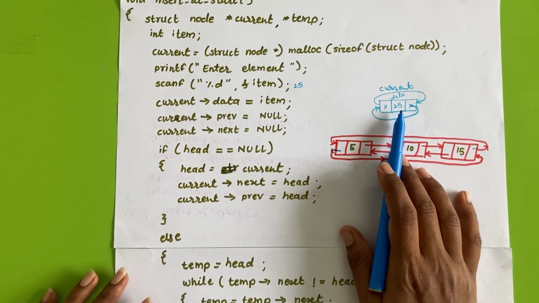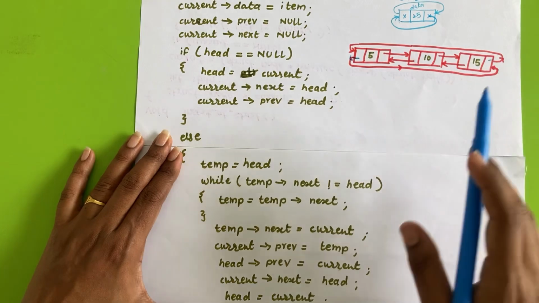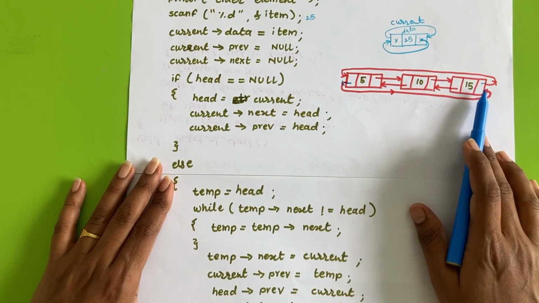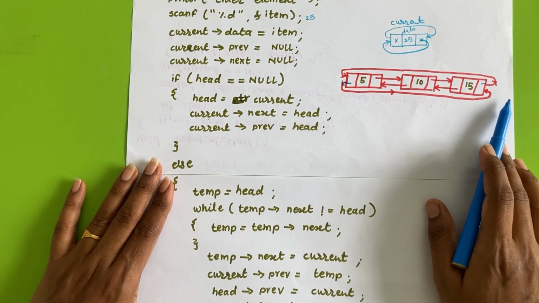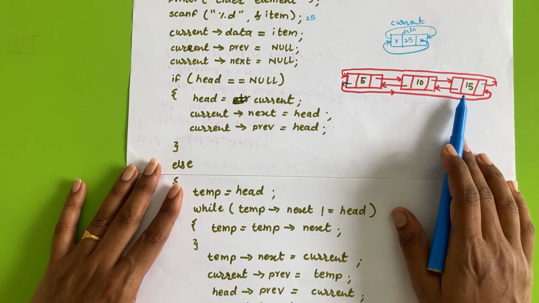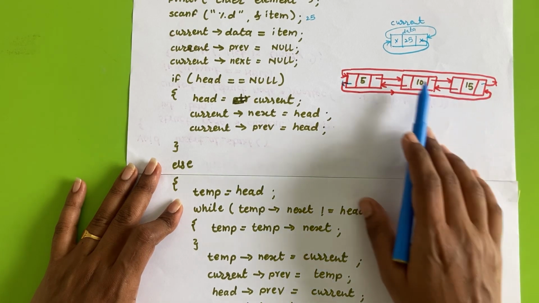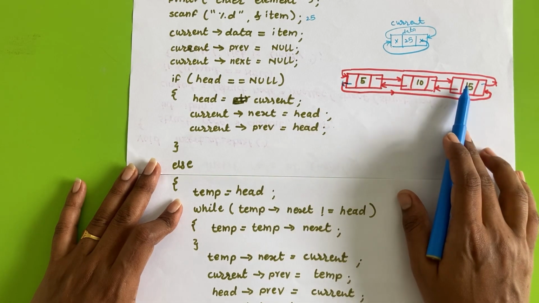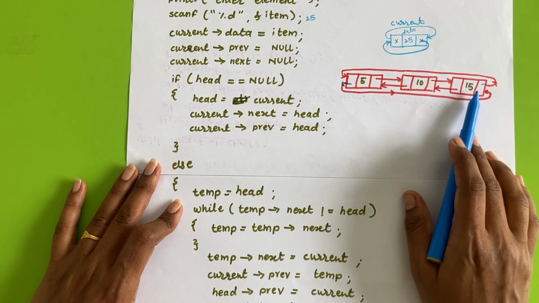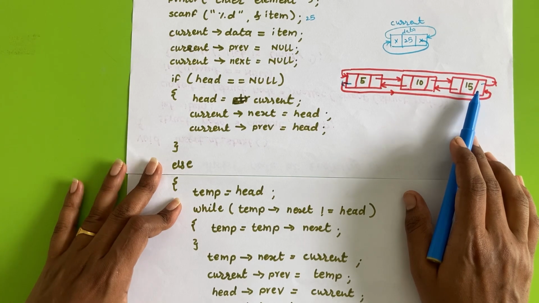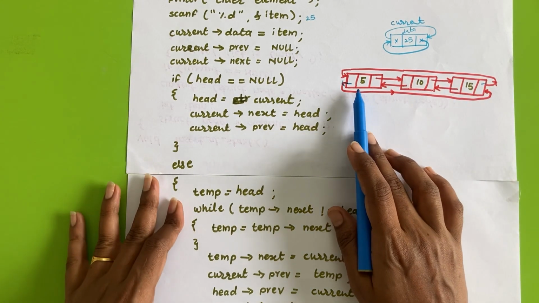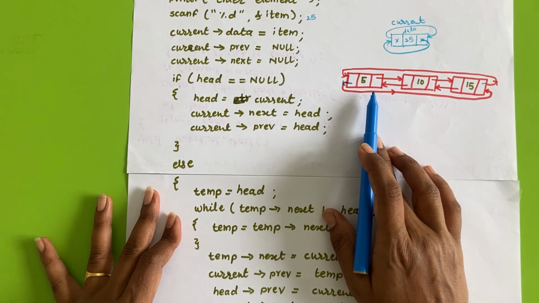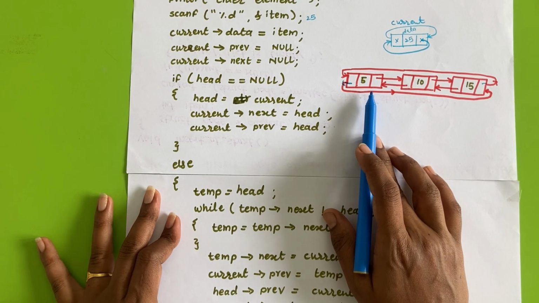Okay, else if we already have a linked list of some number of nodes, suppose consider this is the doubly circular linked list, and we have to insert this newly created node 25 in this linked list. Okay, so now what will be the changes we need to make here? Okay, so first we have to see what pointers need to get changed.